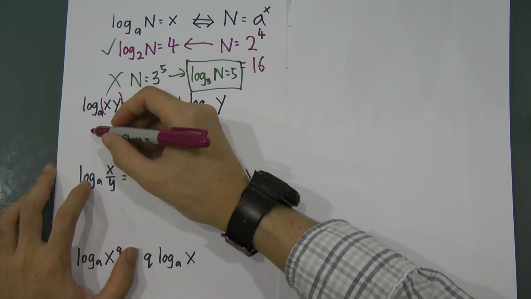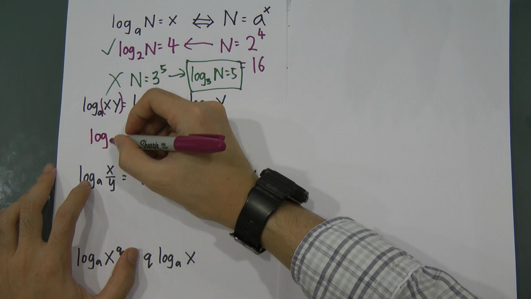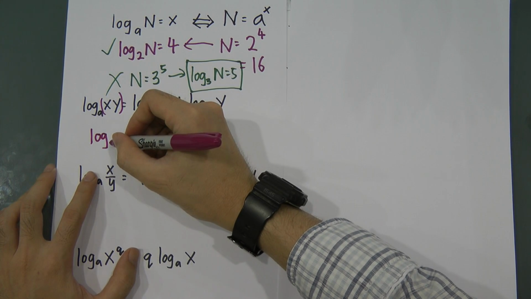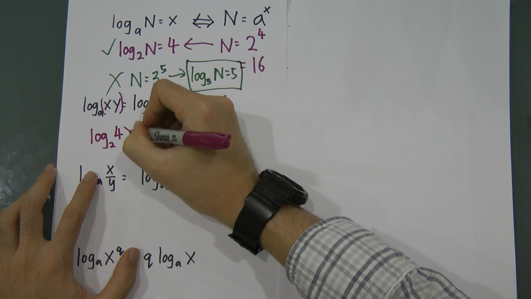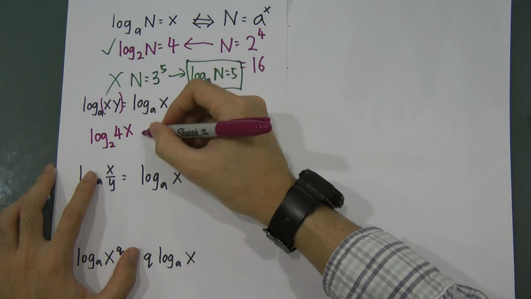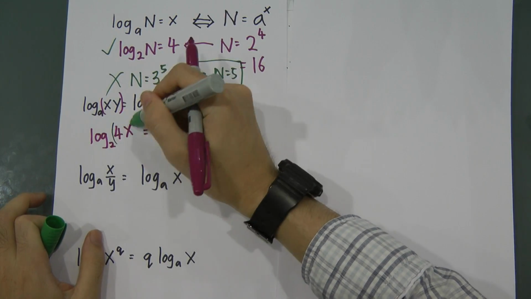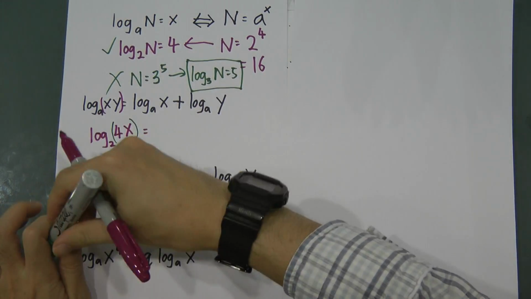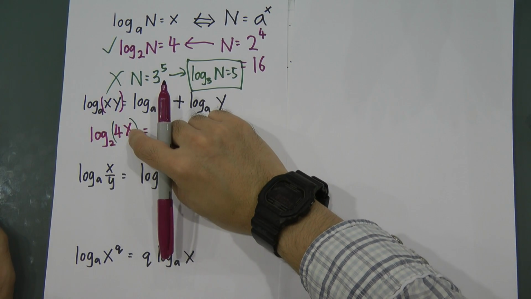For example, log 2 of 4x. 4x means 4 multiplied by x.